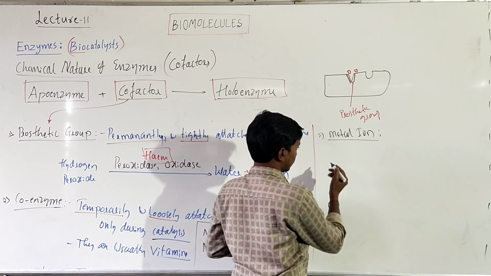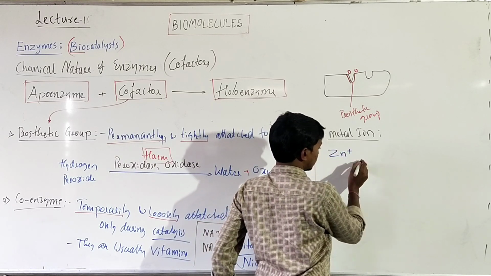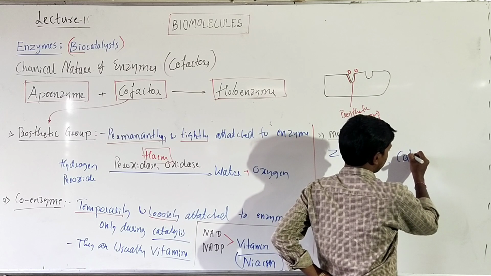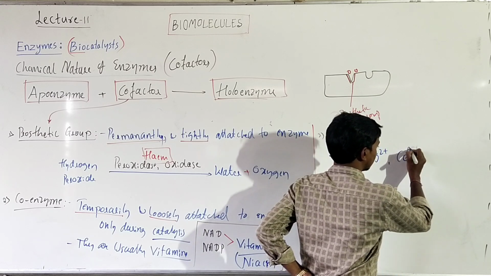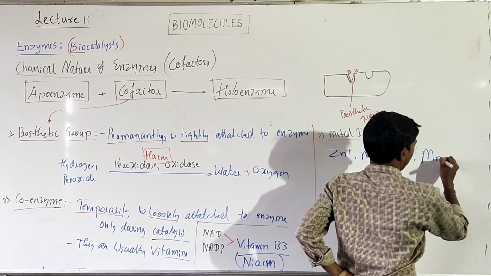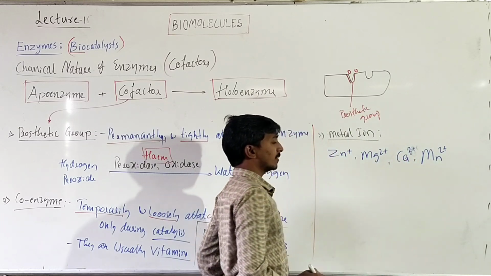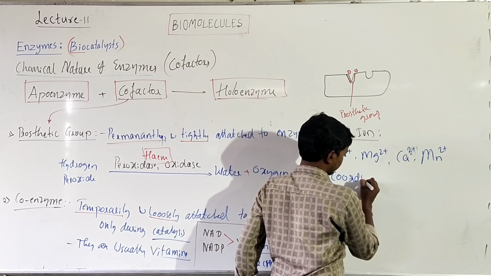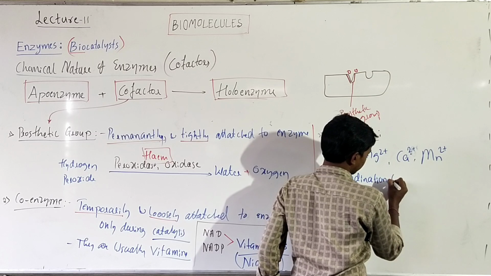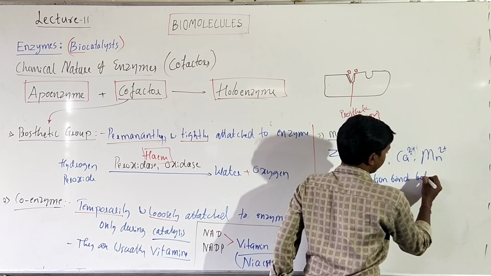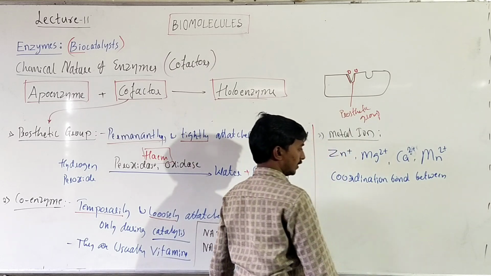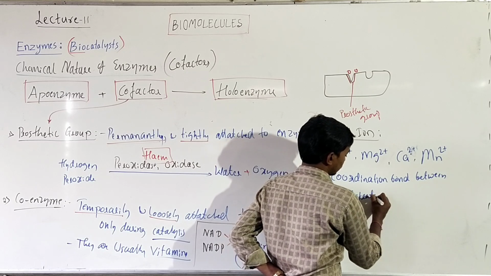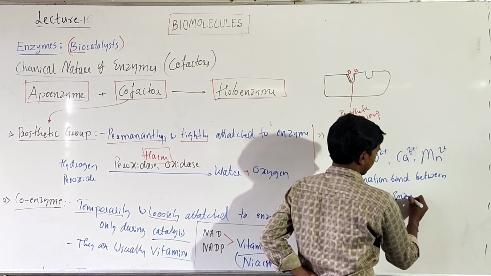So metal ions like Zn2+, Mg2+, Ca2+, or Mn2+, these metal ions will form coordination bonds between substrate and enzyme.